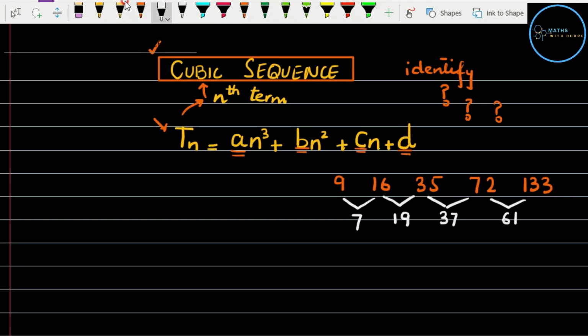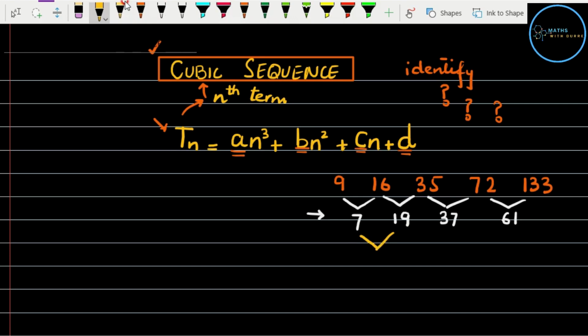So, are all the differences the same? No, because 7, 19, 37 and 61 are not constant. It should be the same. So it means that we need to find a further sequence.